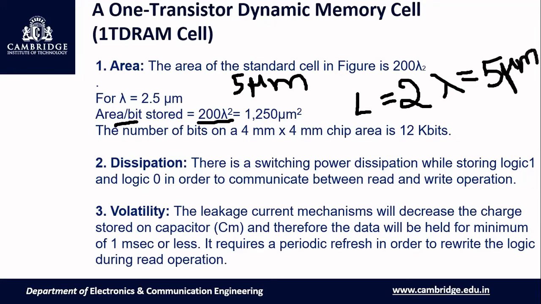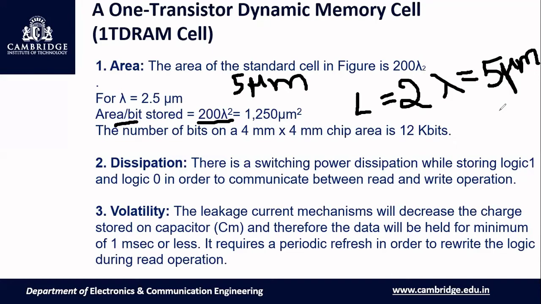There are many technologies. In that, 5 micron is one of the technologies. We say 5 micron technology, 2.5 micron technology, 2 micron technology, 1 micron technology, 0.8, 65 nanometer, 45 nanometer, 25 nanometer, 14 nanometer, 7 nanometer, like that.